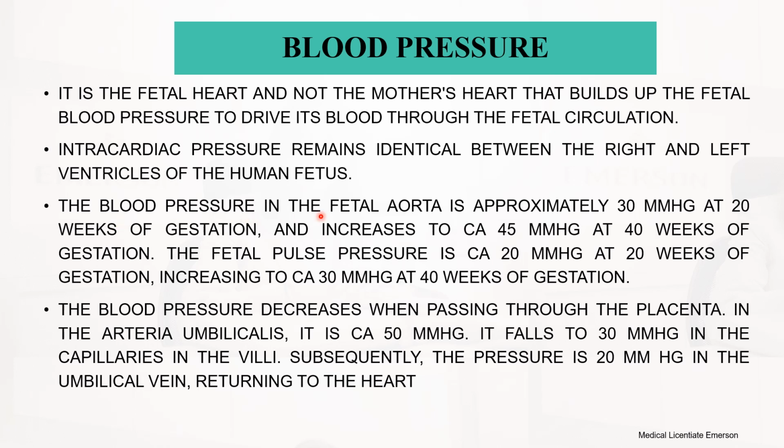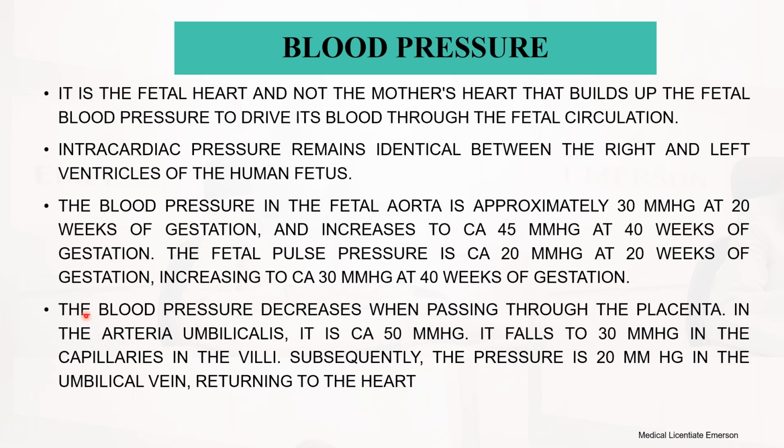Then the blood pressure in the fetal aorta is approximately 30 millimeters of mercury at 20 weeks gestation and increases to somewhere around 45 millimeters of mercury at 40 weeks of gestation. Then the fetal pulse pressure is somewhere around 20 millimeters of mercury at 20 weeks of gestation, increasing to 30 millimeters of mercury at 40 weeks gestation.